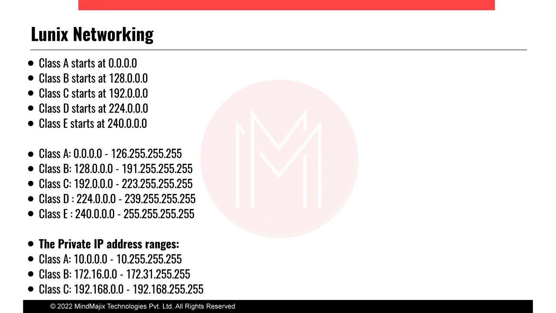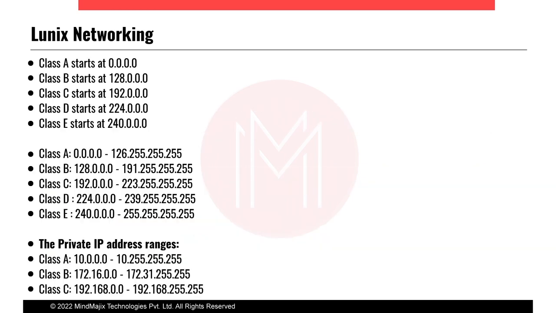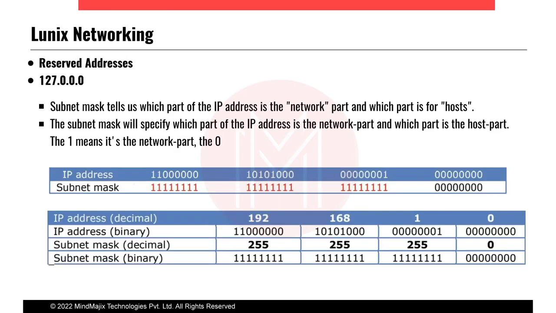Here I have explained some binary representation. These are the reserved IP addresses. If you have observed, class A starts from 0.0.0.0 to 126.255.255.255. Here the 127 range is missing. That IP address range is completely used for loopback IP addresses, 127.0.0.0.